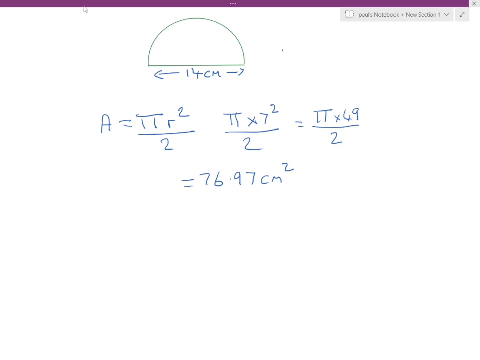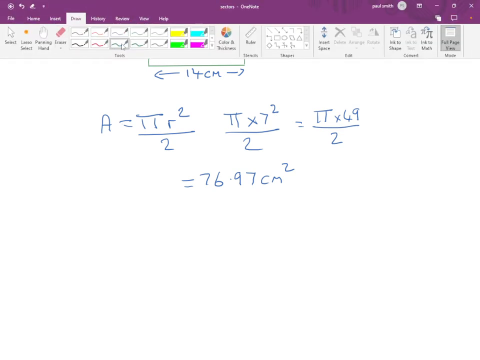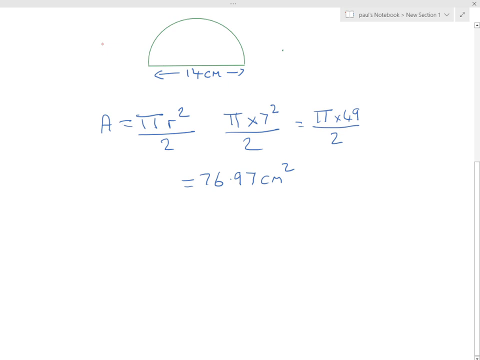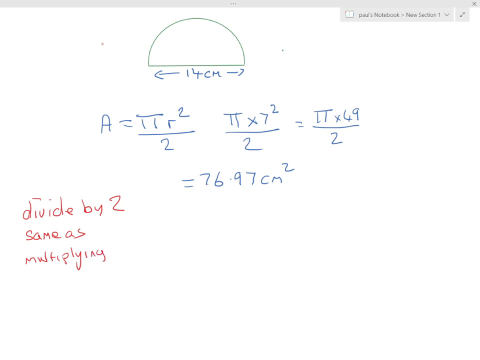Now, as you probably know, dividing by 2 is the same as multiplying by a half.